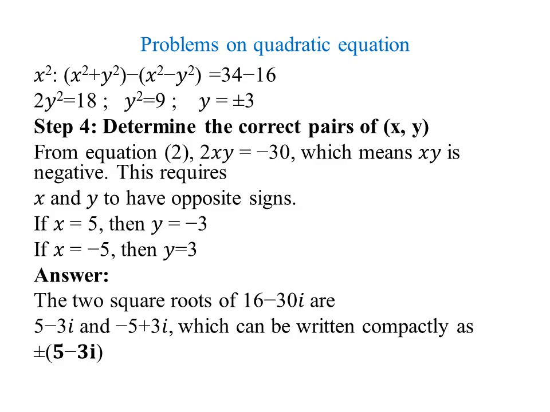If x is equal to minus 5, then y is equal to 3. Therefore, the roots of 16 minus 30i are 5 minus 3i and minus 5 plus 3i, which can be written as plus or minus (5 minus 3i).